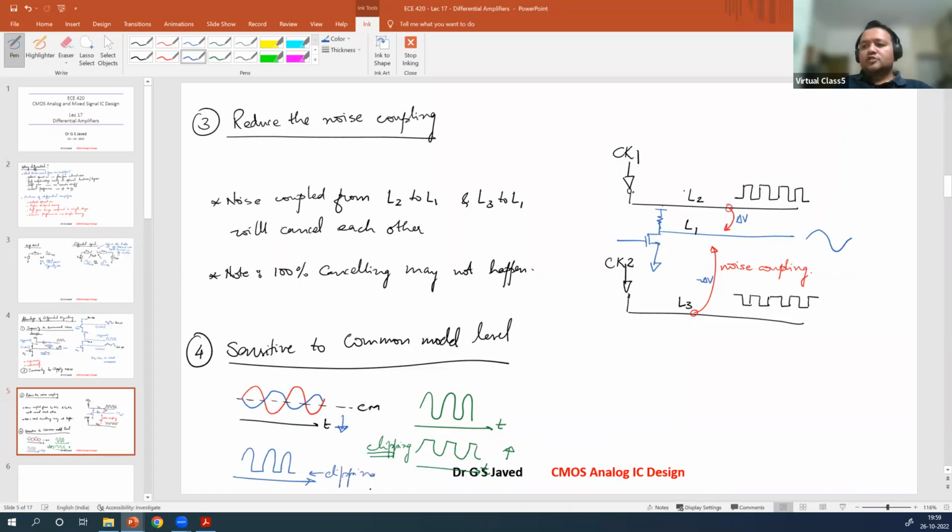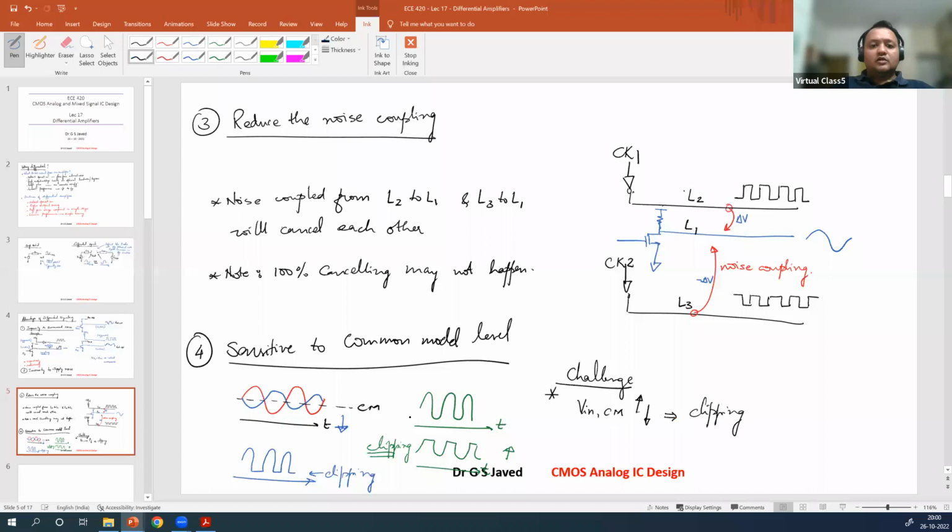So these differential signals are very sensitive to this. You have a challenge here. What is the challenge? The challenge is that if your V in common mode signal either goes up or goes down unreasonably, then you will see clipping.